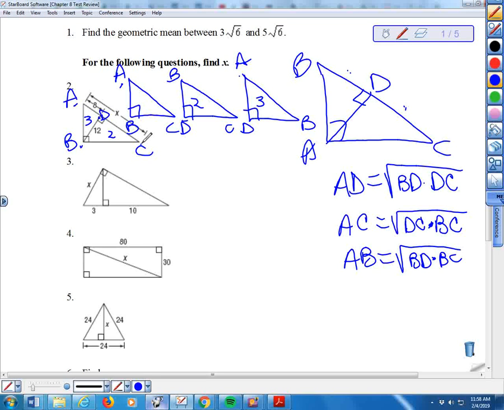Okay, now if this is 12 and this is 8, how can I find the hypotenuse? Pythagorean theorem. So I take 144 plus 64 and square root. So that's the square root of 208.